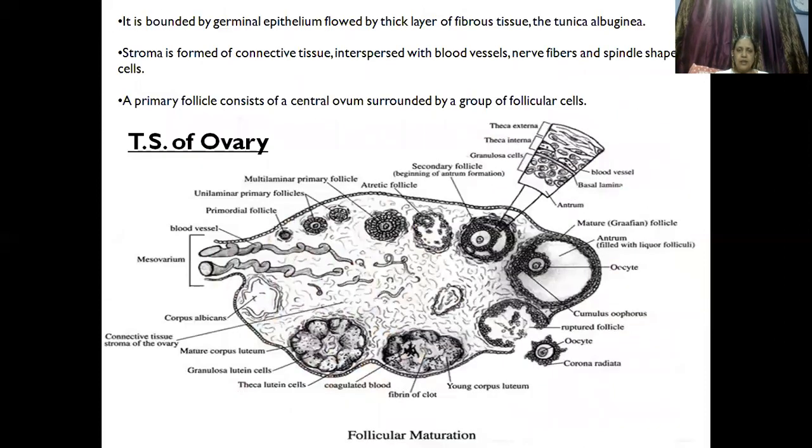Here you could see the primordial follicle, then the secondary follicle, the oocyte, the corpus luteum, and the corpus albicans. So this is the entire process of follicular maturation taking place in the TS of the ovary.